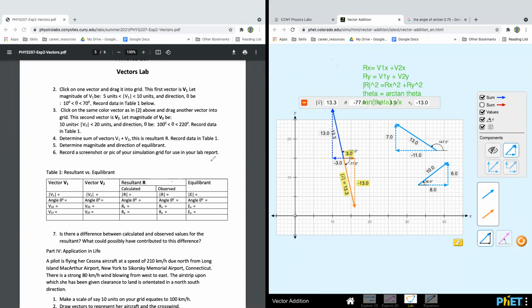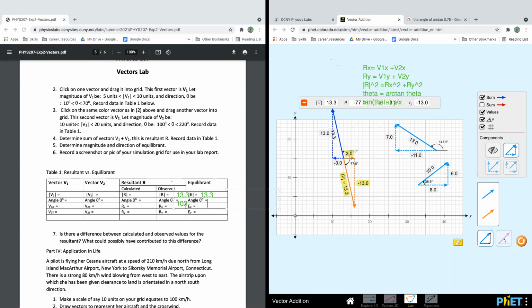I want to use this to tell you. Let's say this one is 13.3, and the equilibrant should also be 13.3. And if the angle for your resultant is 103, the angle for your equilibrant should be 180 different.